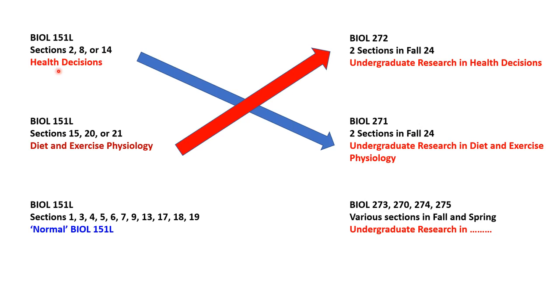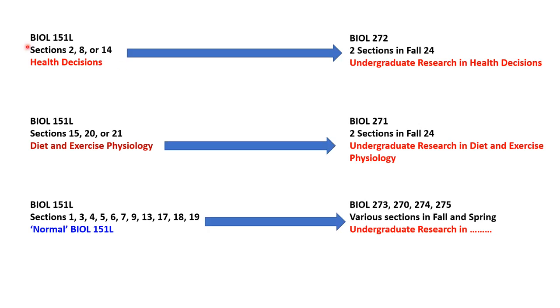You could take one of the health decisions options in the spring and decide that that research isn't for you. I really want to get involved in the diet and exercise physiology. So again, you could do that. You could be in section 2, 8, or 14 in the spring, but sign up for BIOL 271 in the coming fall. Okay?